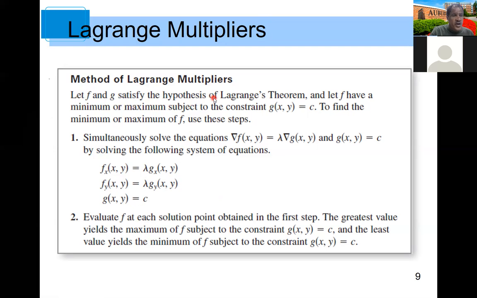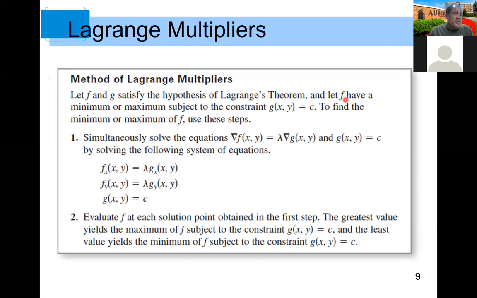Let f and g satisfy the hypothesis of Lagrange's theorem. Let f have a minimum or maximum subject to the constraint g of x y is equal to c. This is a curve, right? To find the minimum or maximum of f, you will be given f, or you may have to derive it yourself like in the previous example, but you will be given the underlying problem.